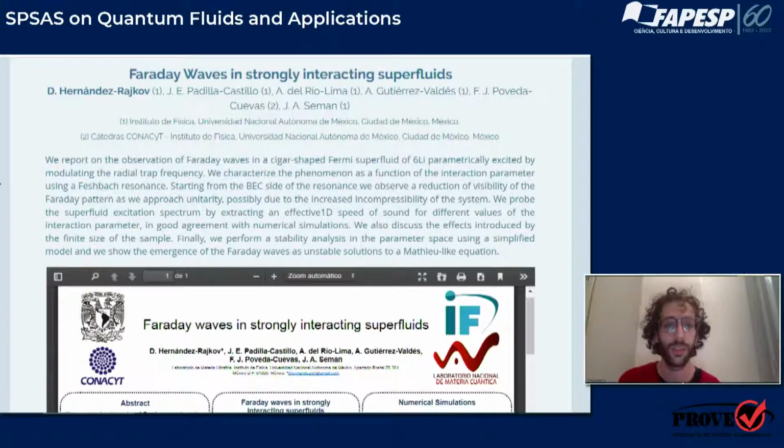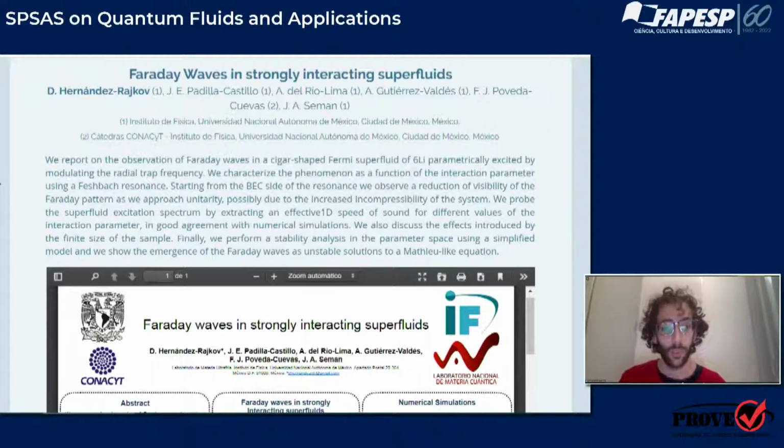So we try to study these Faraday waves as a function of the interaction, mainly going from a weakly interacting molecular Bose-Einstein condensate to a more strongly interacting BEC, and eventually the goal was to study the Faraday waves in the unitary regime, where the scattering length of the system goes to infinity.